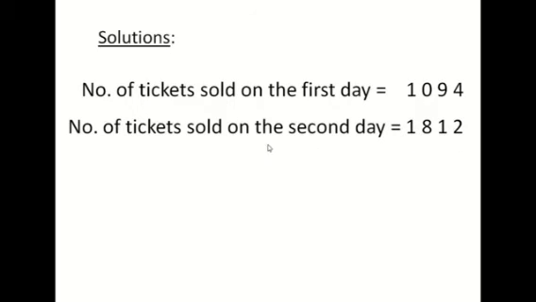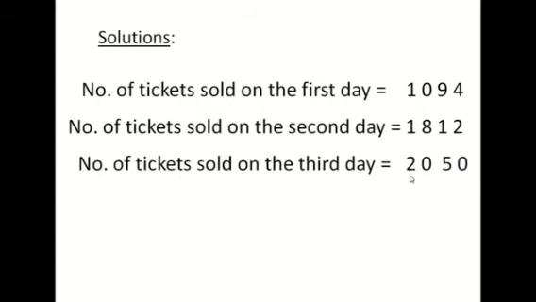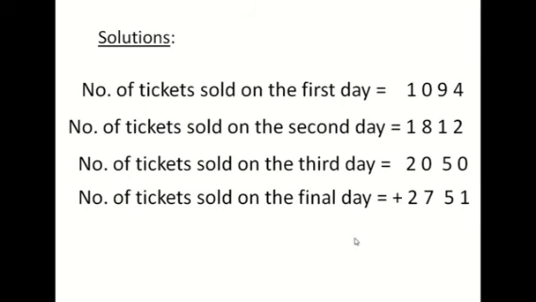Next, number of tickets sold on the third day, it is 2050. Next, number of tickets sold on the final day, it is 2751. You have to add all these four numbers and find out the total number of tickets sold.